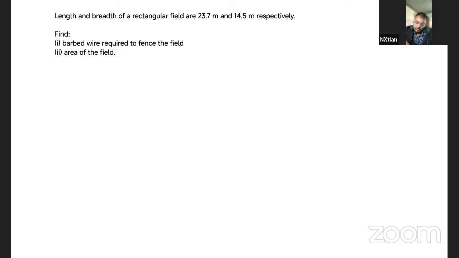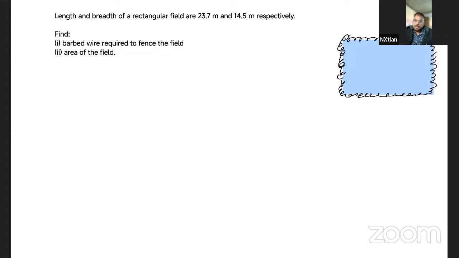So if I will give you an idea, then a barbed wire is always fence at the sides of the field. Okay. So it means that the perimeter of the rectangular field will become the barbed wire required for the fence.